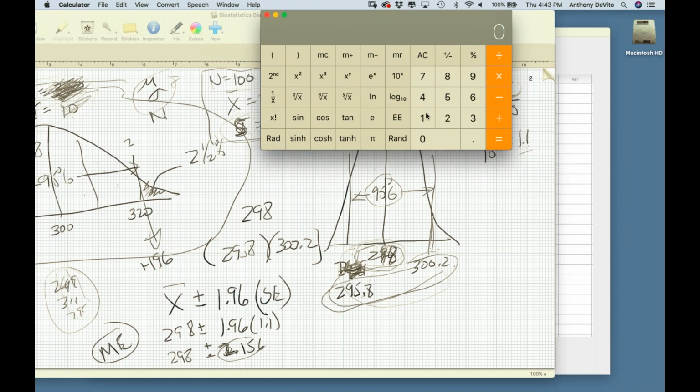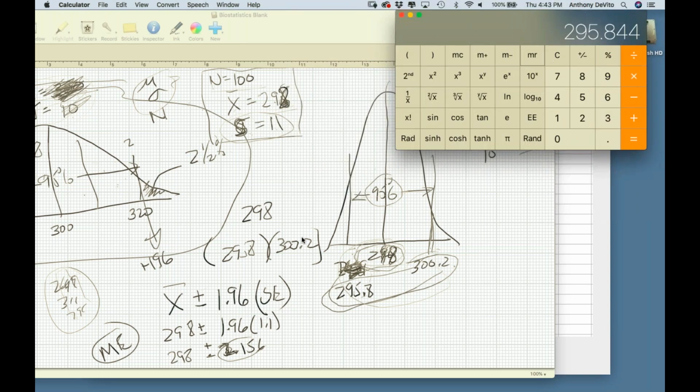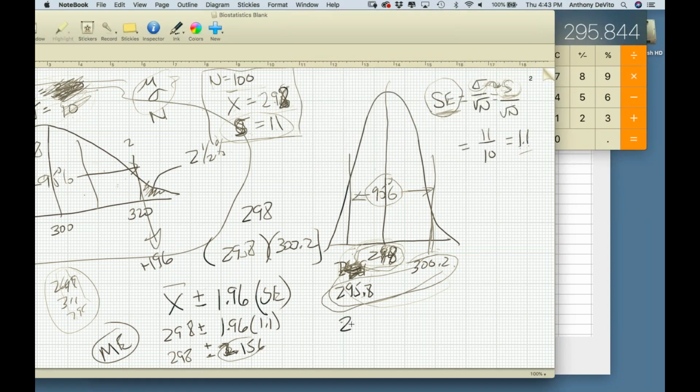Okay. I just erased that. 1.96 times 1.1 equals this. I'm going to put that into memory. Then I'm going to take my 298 minus 2.156, and my margin of error gives 295.8. That's almost the same thing, right? No big surprise that it's almost the same thing because I multiplied by 2 instead of 1.96.